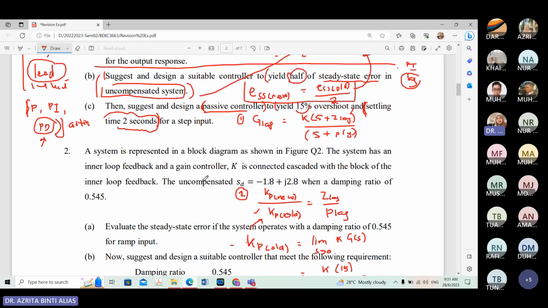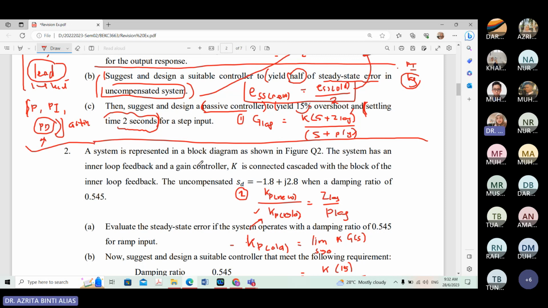So ingat tak how to design the lead controller? Do you remember? Ingat tak? Dia exactly same with the PD controller. Dah study ke belum ni?